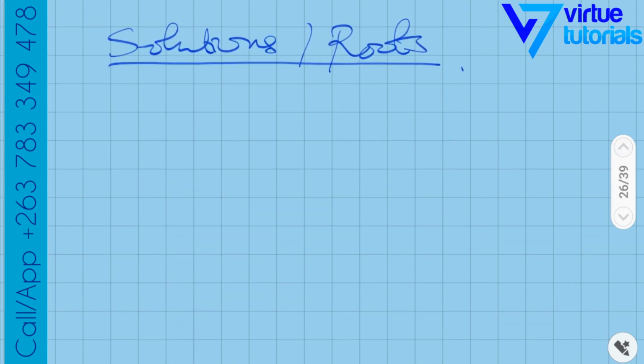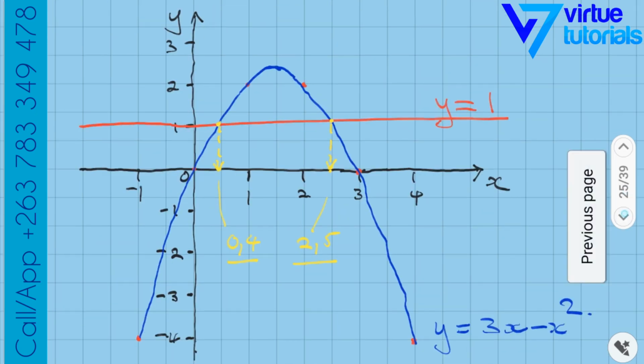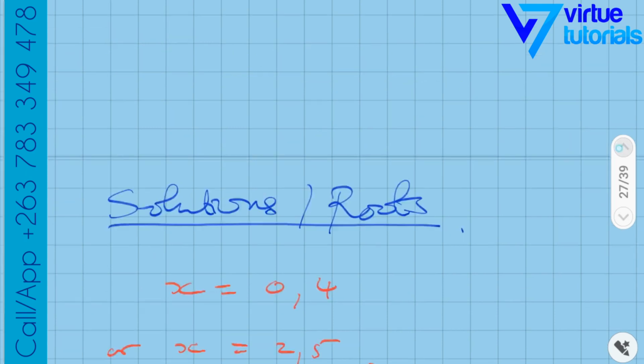Our solutions are going to be x is equal to 0.4 or x is equal to 2.5. It's simply where the curve is going to meet with the line y is equal to 1.